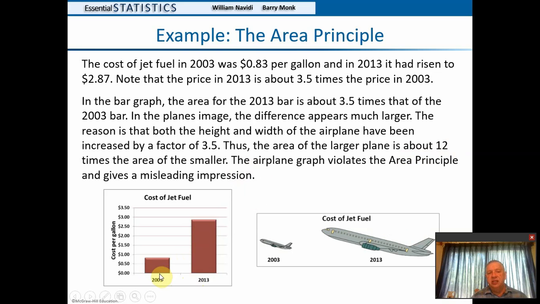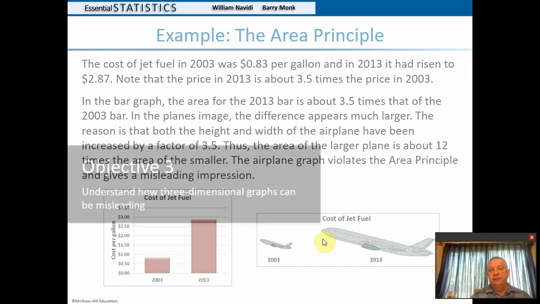If we had messed up the area principle here, this would have been like a huge bar. So the airplane graph violates the area principle and gives a misleading impression, so just be aware of that. They did length 3.5, height 3.5, but when you're doing the area, it's always the length times the width, and that made it much larger.